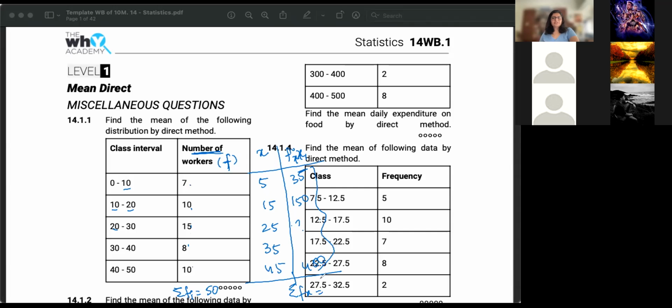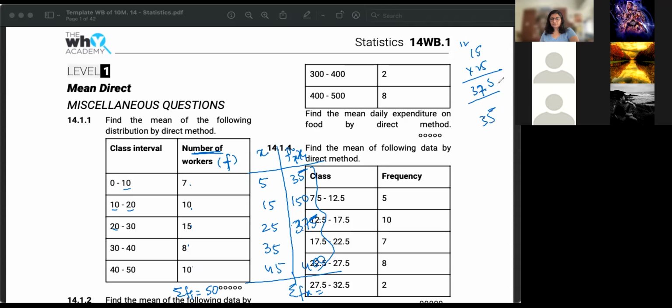Okay, Anirban's already done. Into 25 will be 75 and 35 into 8.